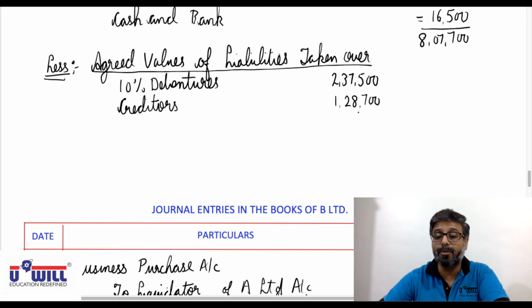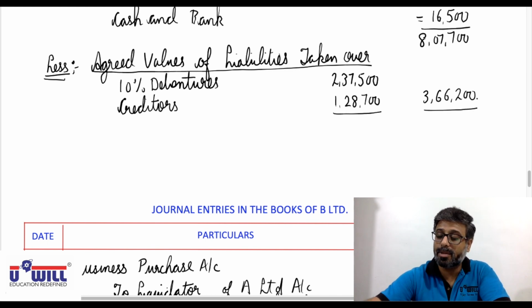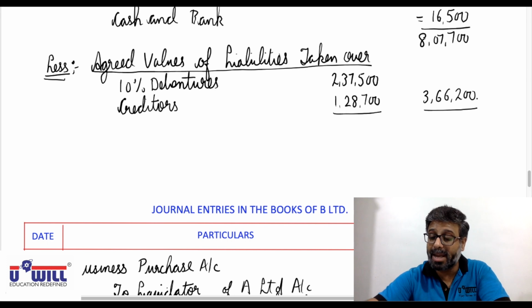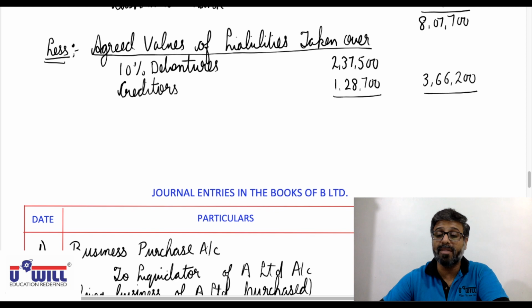So agreed value of liabilities taken over is how much? 2,37,500 plus 1,28,700, that is 3,66,200. If you subtract from 8,07,700, then we get 4,41,500.